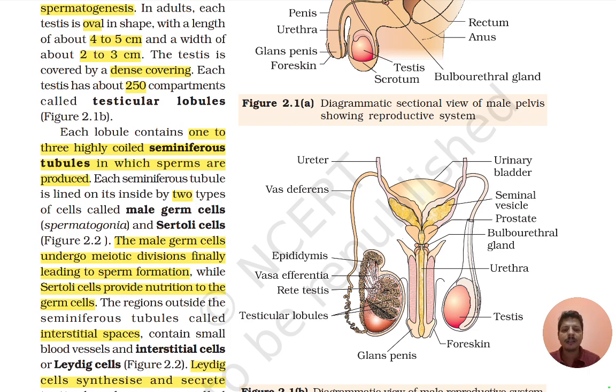Here in your NCERT you can easily identify testicular lobules, about 250 in each testis. Inside the testicular lobule there are 1 to 3 highly coiled seminiferous tubules, in which the sperm is produced.